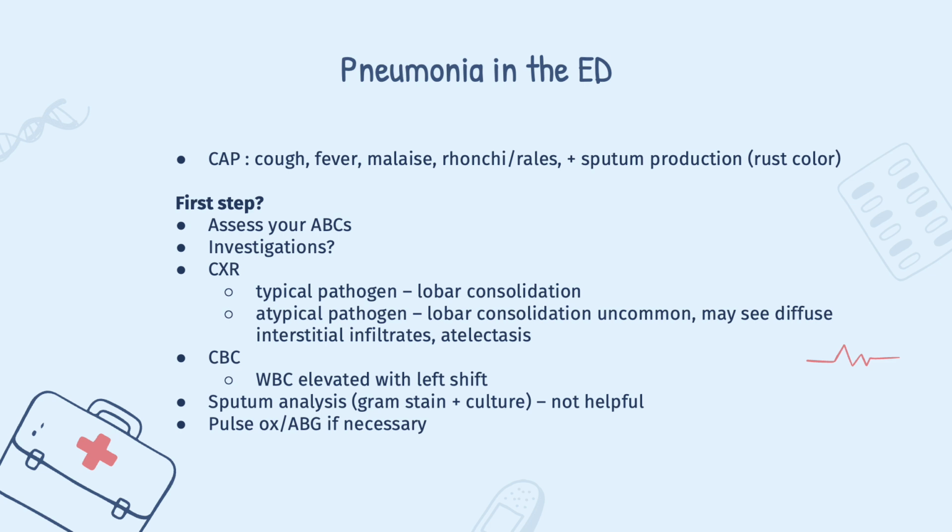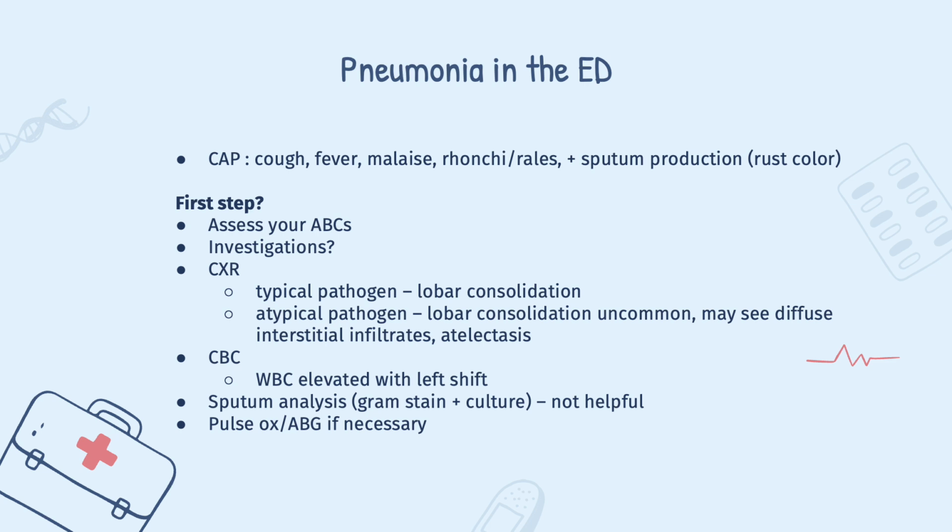If consolidation is present, you may find increased tactile fremitus, bronchial breath sounds, and crackles, rhonchi, and rales. If pleural effusion is present, which is actually very common with significant strep pneumonia, we'll have a decreased tactile fremitus and dullness to percussion.